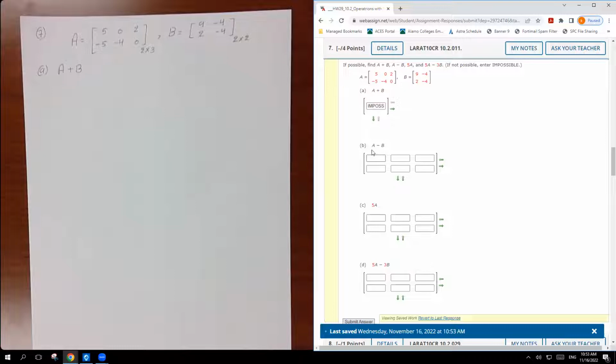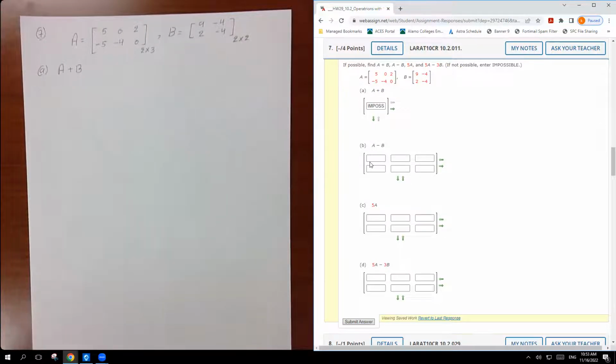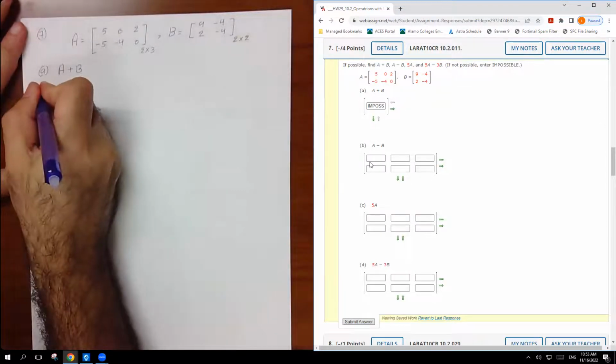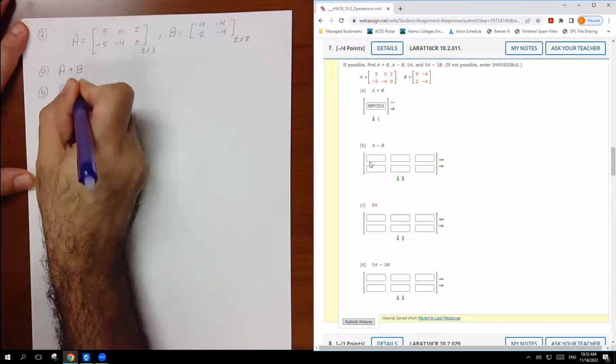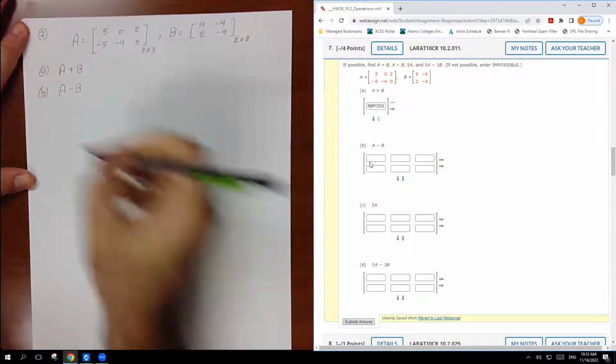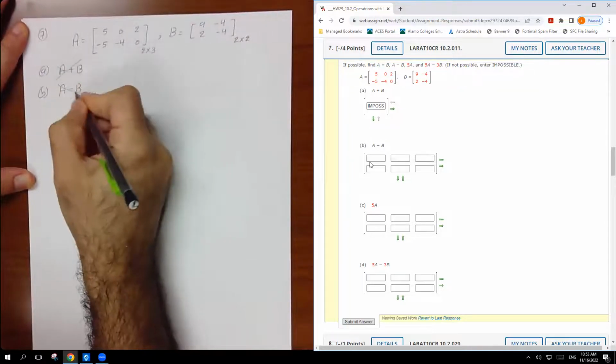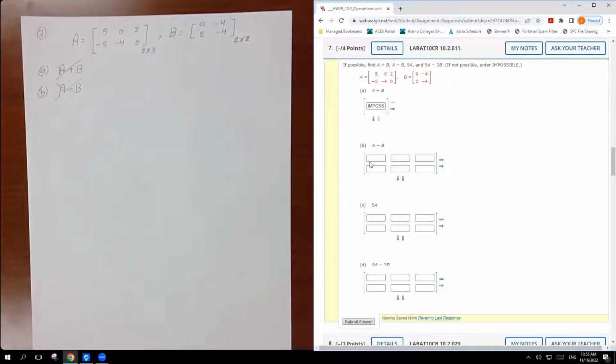The second one, we also can't add or subtract because they have different dimensions. So A minus B. You can't do the minus between these two matrices. So the same thing, we're going to type here impossible.